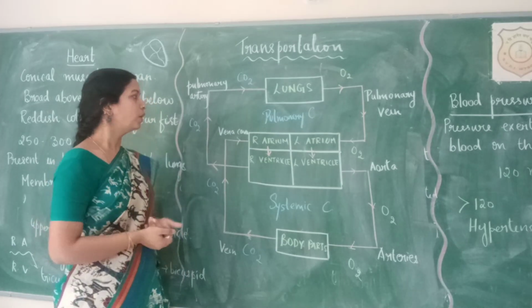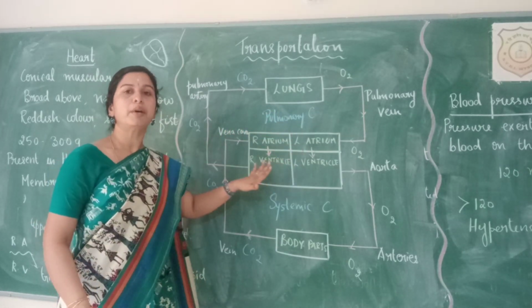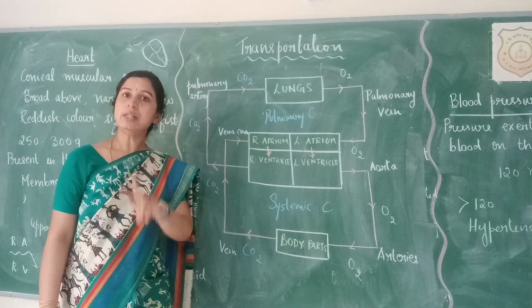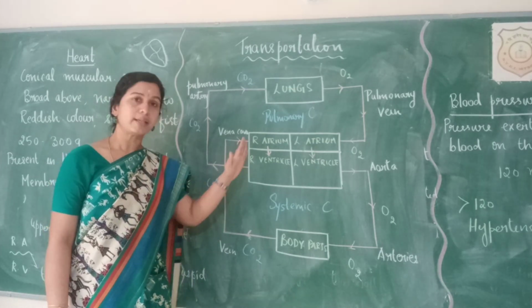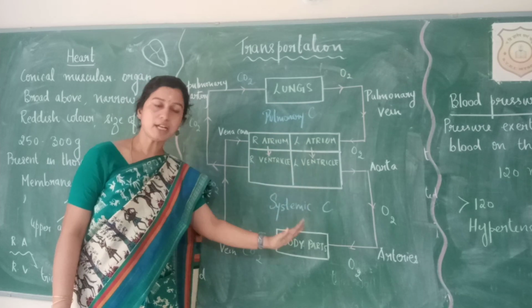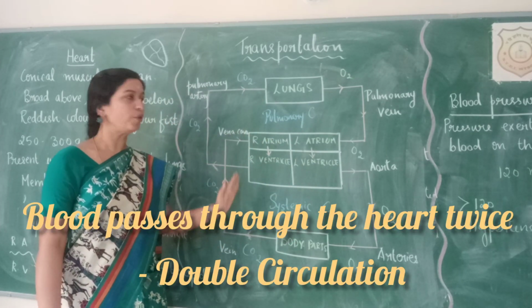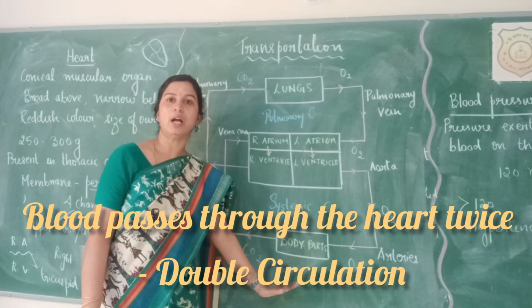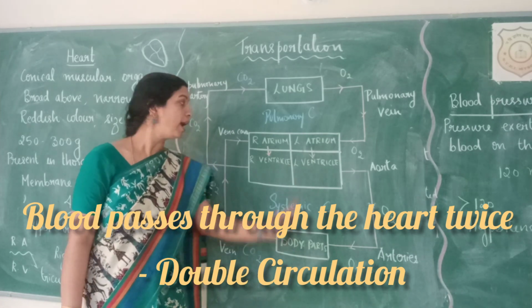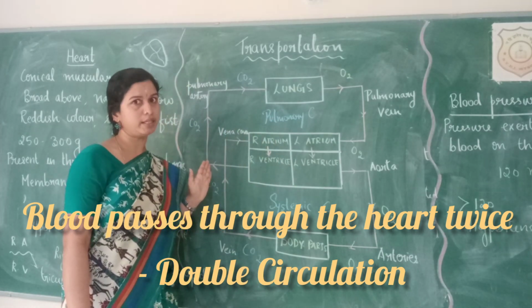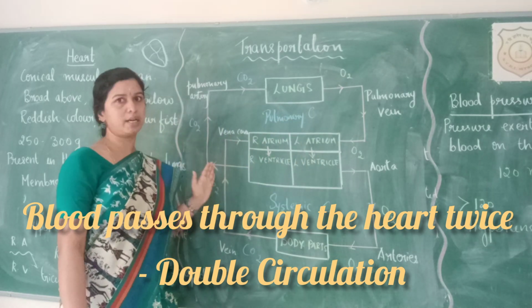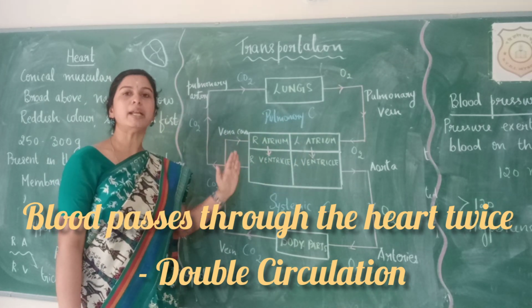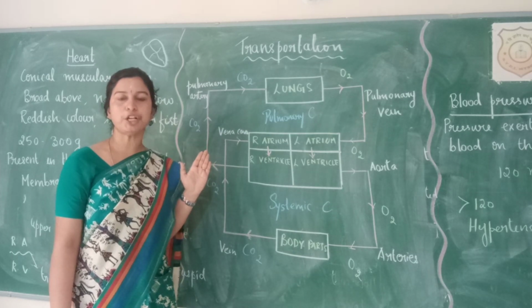Also remember that this is termed double circulation. Why? There are two reasons. One, there is a circulation of oxygenated and deoxygenated blood. The entire left side of the heart contains oxygenated blood and the entire right side contains deoxygenated blood. So circulation of oxygenated and deoxygenated blood happens simultaneously, so it is called double circulation.